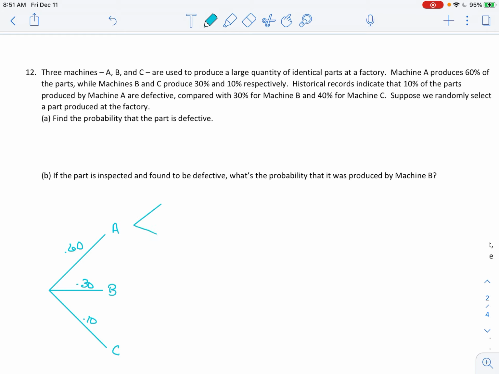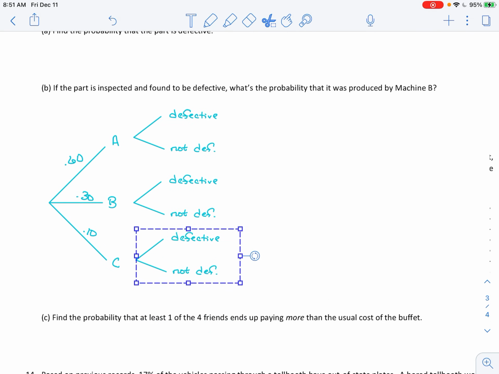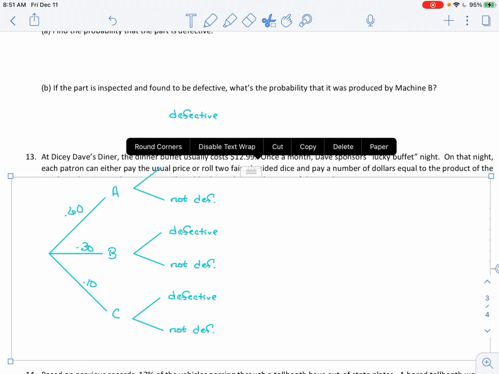And when you make a part, it's either going to be defective or it's not. That's going to be true for all these different machines. So I'm just going to go ahead and duplicate those because I know I'm going to need them.